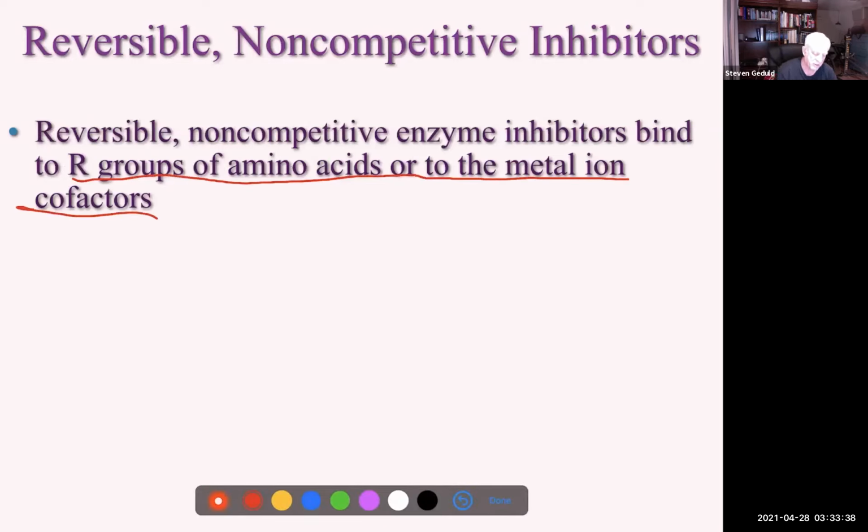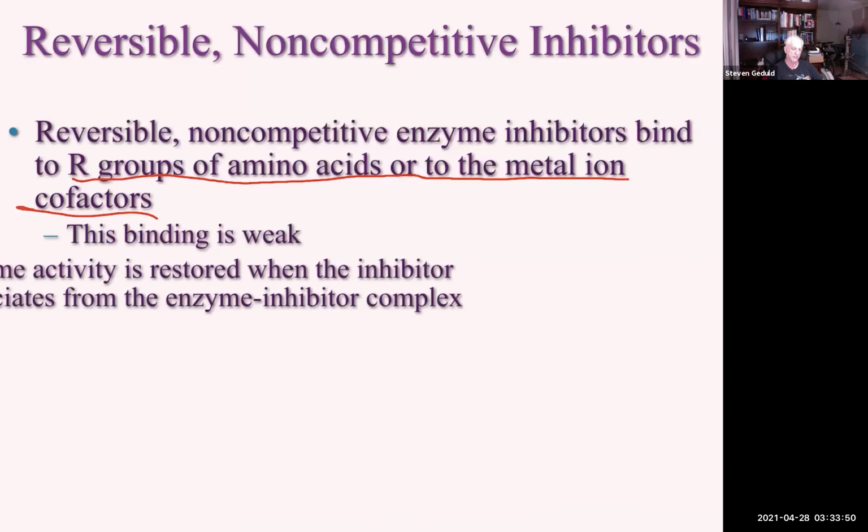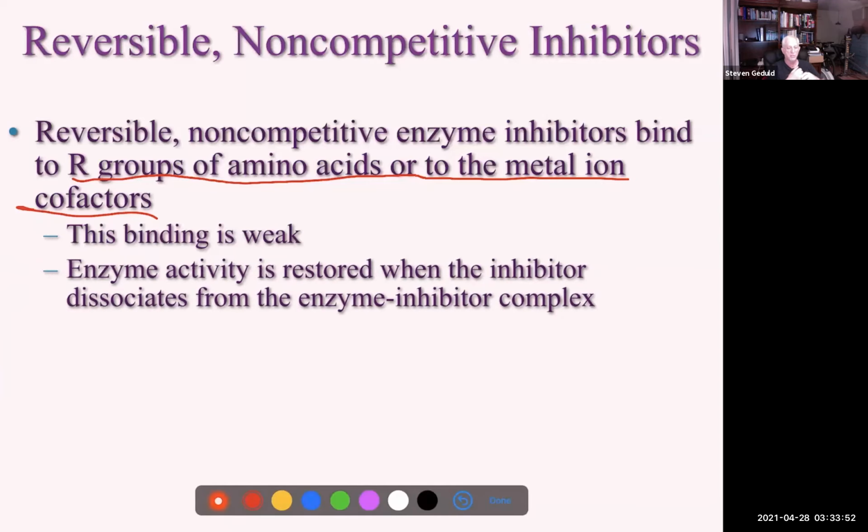They're not binding to the active site. This binding is weak: hydrogen bonds, salt bridges, hydrophobic interactions, things like that. It is not a covalent bond. Enzyme activity is restored when the inhibitor dissociates from the enzyme-inhibitor complex. When the inhibitor breaks away, the enzyme function is restored.